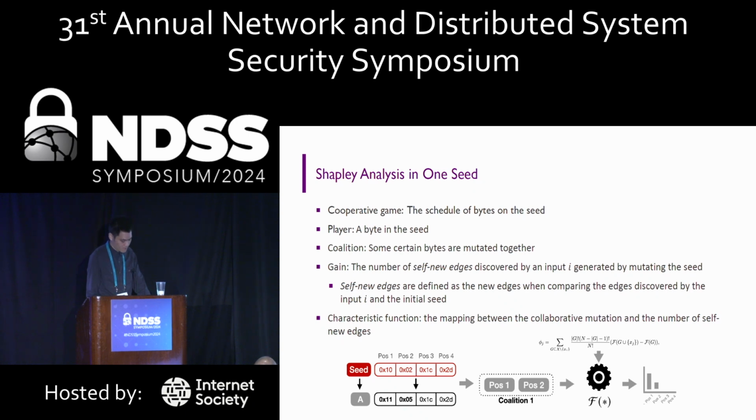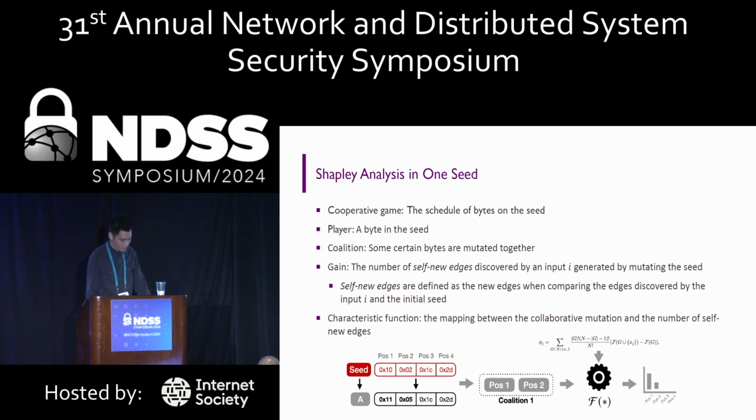For a seed, the cooperative game is the schedule of bytes on the seed, including the selection of certain bytes and the mutation of the selected bytes. A player in the game is a byte, and the coalition is that certain bytes are mutated together.